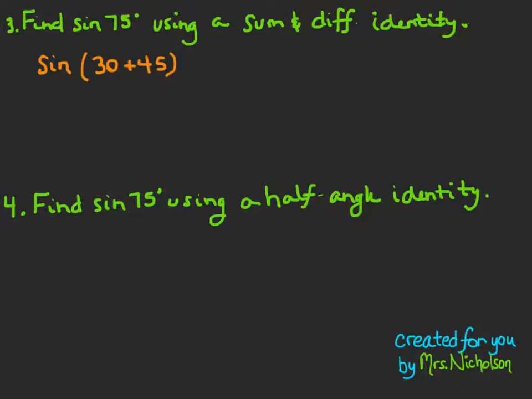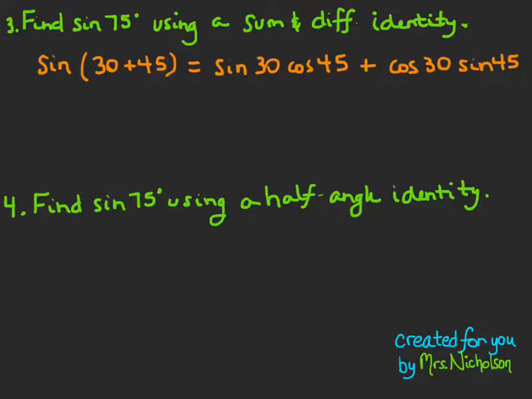Now there's a lot of different angles you could have chosen, different things that will work, but I'm just going to choose these. And I'm going to use my sum identity for sine. This is going to be equal to sine of 30 times cosine of 45 plus cosine of 30 times sine of 45.